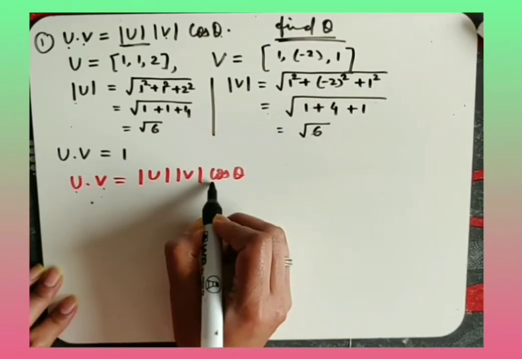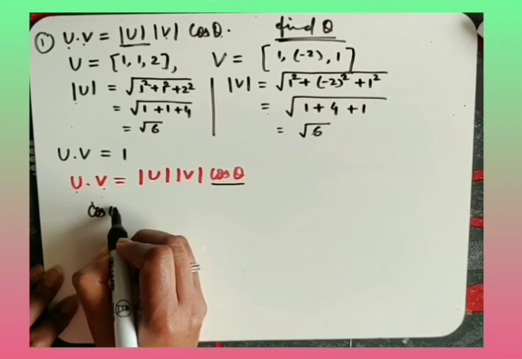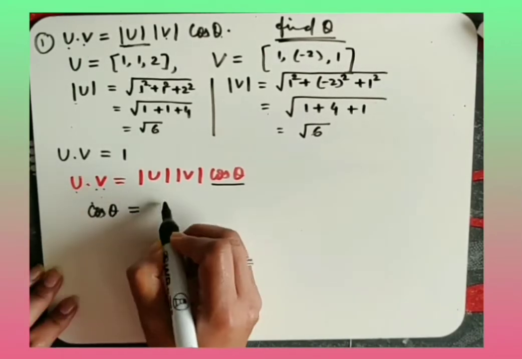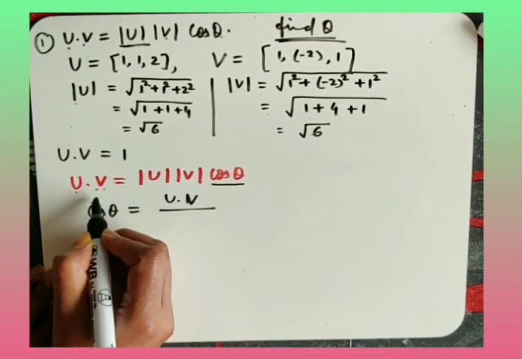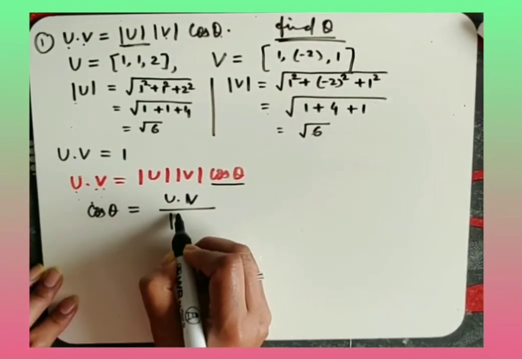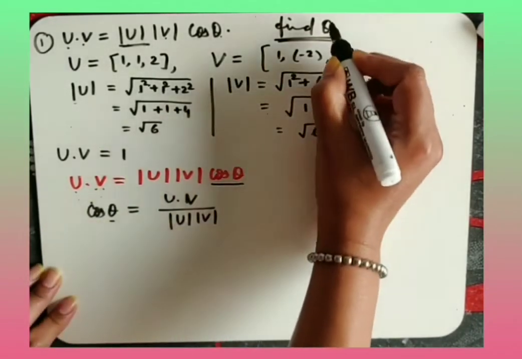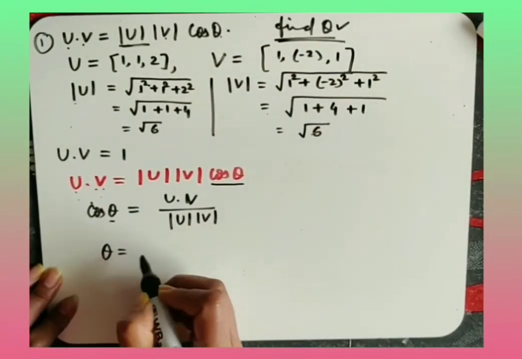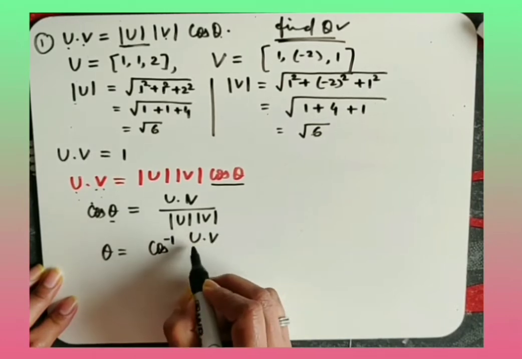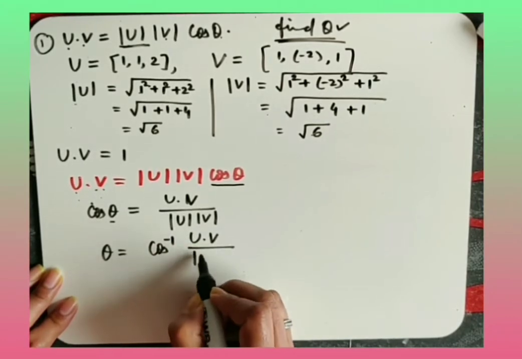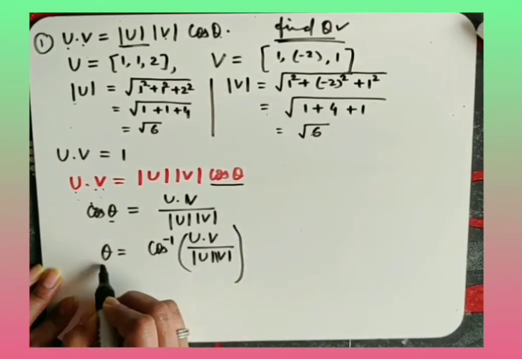Manipulating the formula, cos theta equals u dot v over mod of u mod of v. Now we need to find theta, so theta equals cos inverse of u dot v over mod of u mod of v. This is the formula for theta.